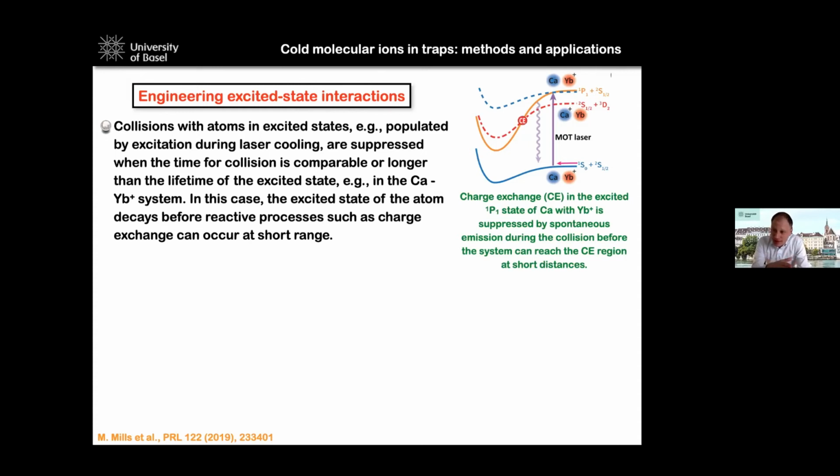In the experiments on the elastic collisions that I have shown, the collisions have been traced by the disappearance of the atoms from the trap. But in principle, inelastic processes can also involve state-changing collisions, which affect the ion and which you would not notice if you didn't probe the ion explicitly.